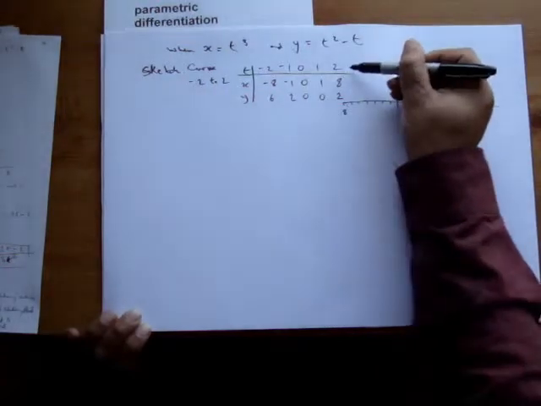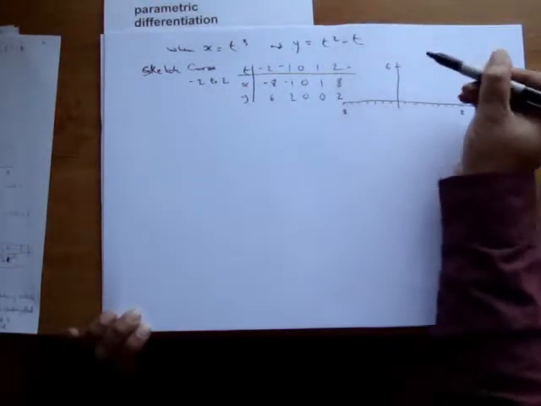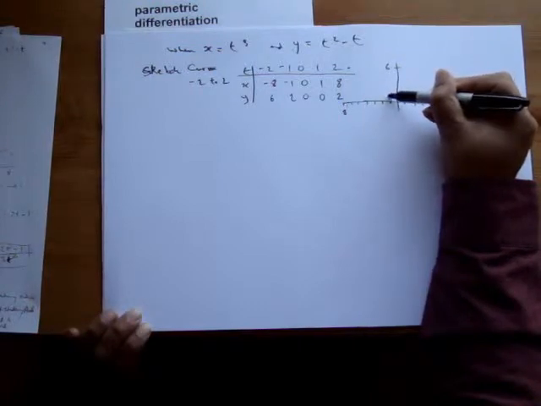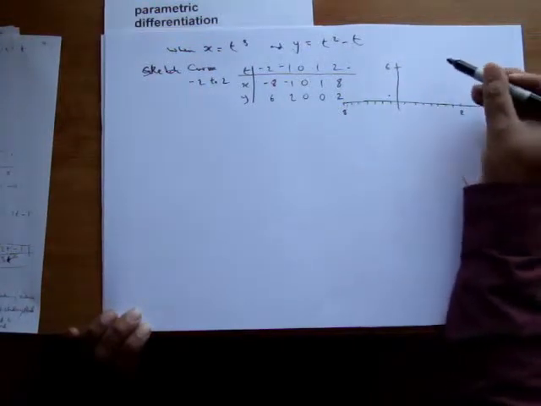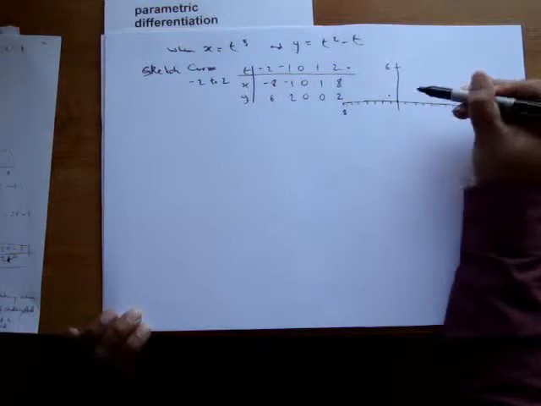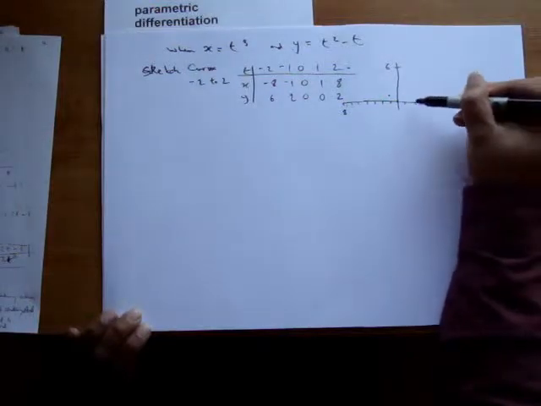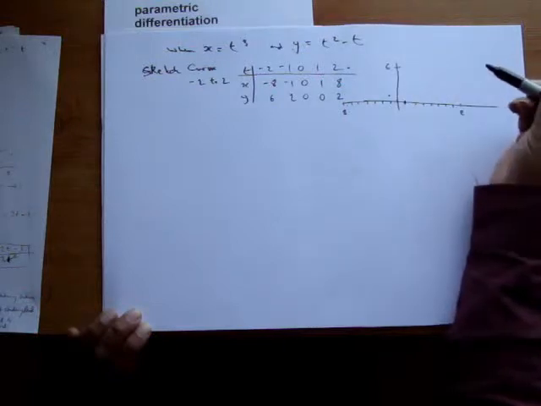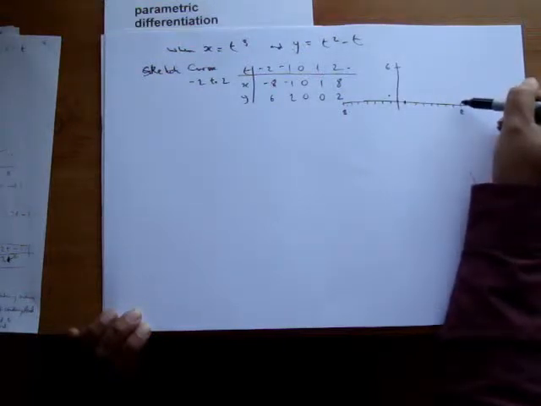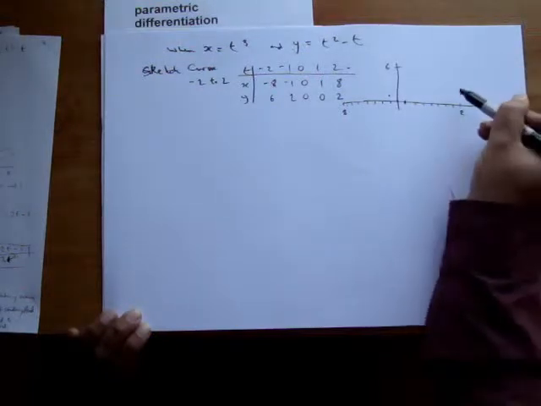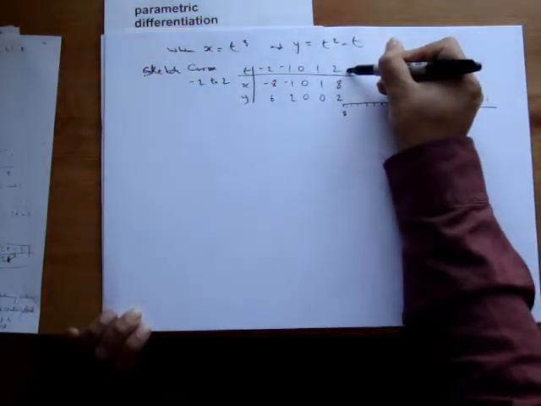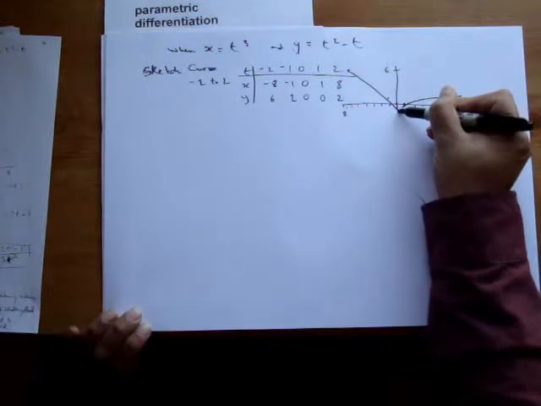So at minus 8 it's 6 up here. Minus 1 it's 2, which is about here. 0 it's going to be there. 1 it's 0, which is there. And 8 it's 2, which is about there. So this curve goes round like this and down like this.